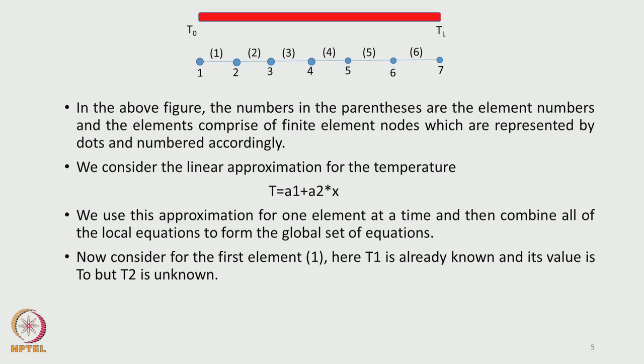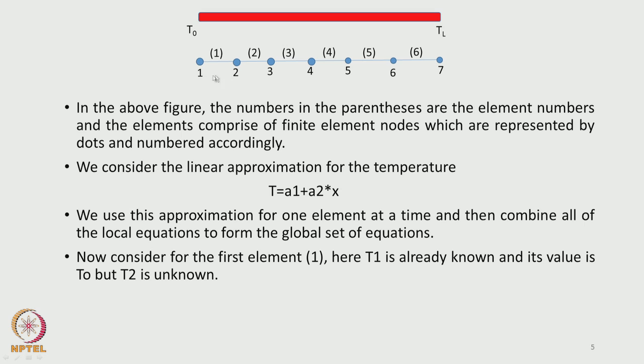Consider the first element, for example, element 1. T1 is the left side temperature, which is given from the boundary condition as T0, but T2 is not known. That is, the temperature at nodal location 2 is not known.